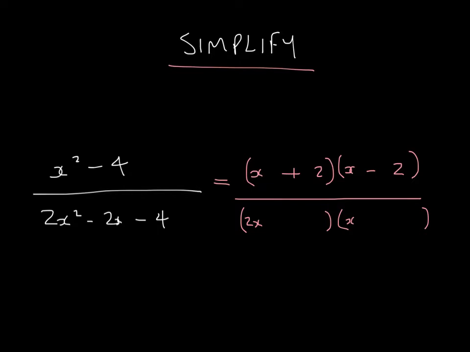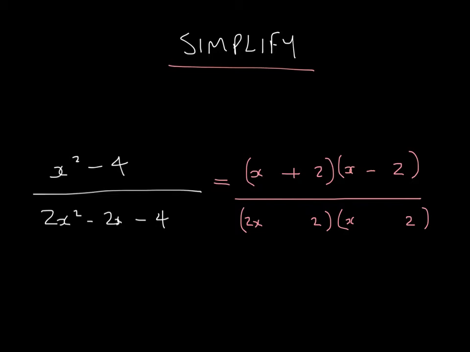Now back times back, so I could use 1 and 4 or 2 and 2. Or 1 and 4 and that 2 might give me this bit, but it could also be 2 and 2, so I'm just going to go for 2 and 2. Mainly because I know that there's some 2's up here, so it's probably going to be that. Now we need a plus and a minus.